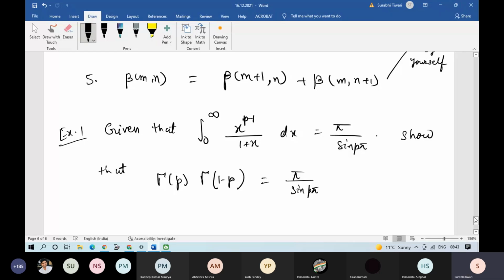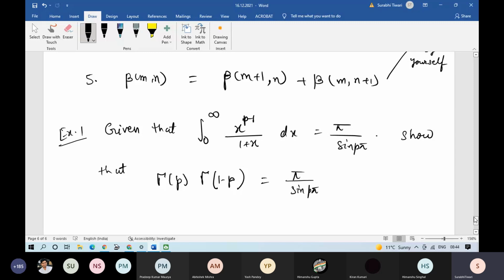Now, first of all, look at this integral: we don't have the e raised to the power of x term in this integral. So this means that if we adjust this integral into the form of x to the power of something into (1 minus x) to the power of something, then we can use it as a beta function.